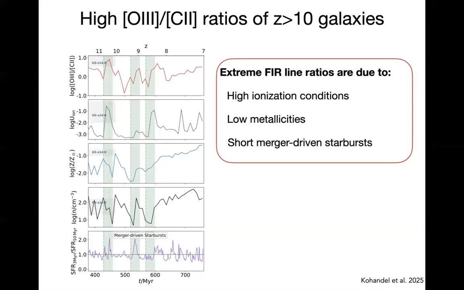When you assume your galaxy is in a hydrostatic equilibrium and then use emission line modelings, for instance with Cloudy, you need these higher metallicities. While if you do it spatially resolved in your simulations, you basically don't need very high metallicities to get this high ionization, high O3 over C2.